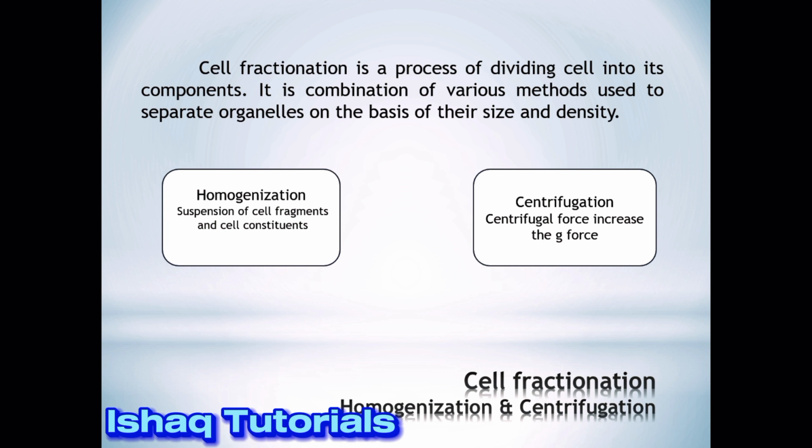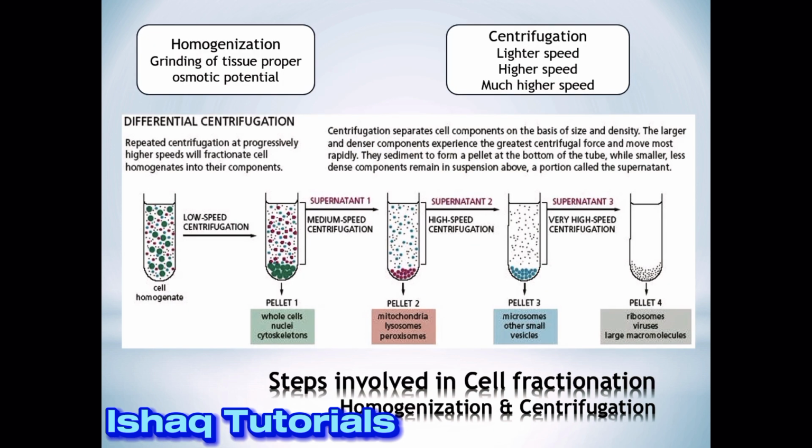As I have told, the first step in the centrifugation or cell fractionation process is grinding of tissues or cells with the help of a grinder in proper osmotic concentration to form a homogenate. When we form a homogenate, the process is known as homogenization.